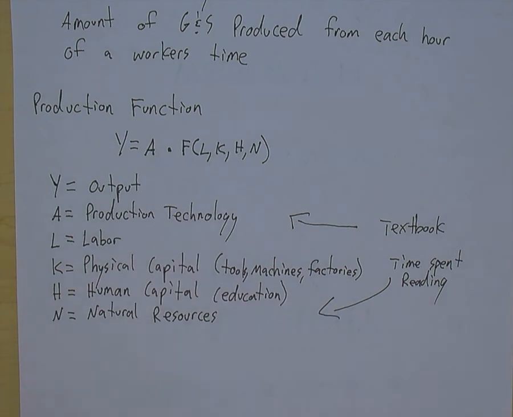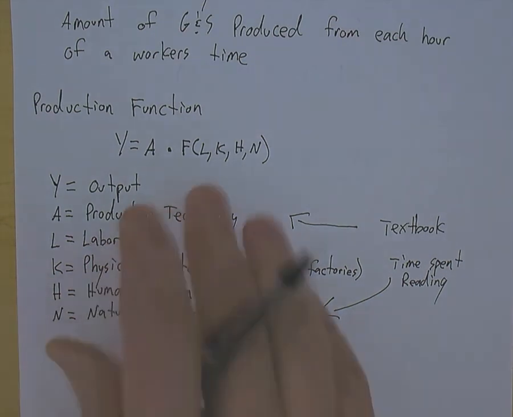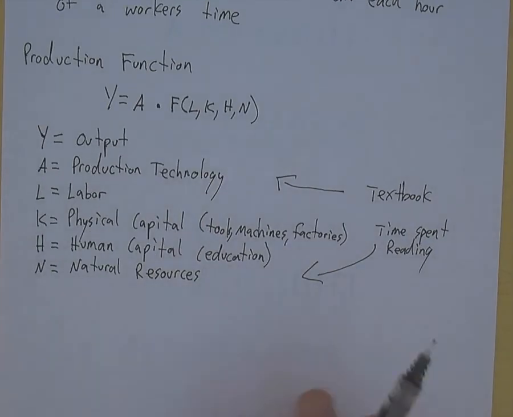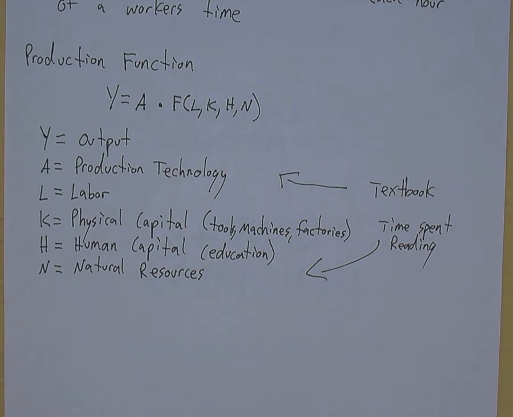Human capital is the time spent doing something. Technology is allowing us to get better at something. This is what's going to allow us to be productive. Do you have to see how all the mathematics works out in it? No. You just have to know all of this stuff that goes into what creates the production function.